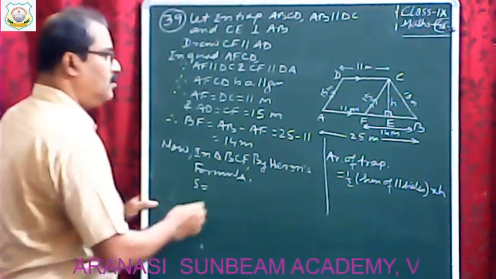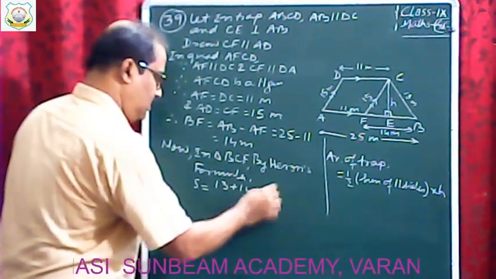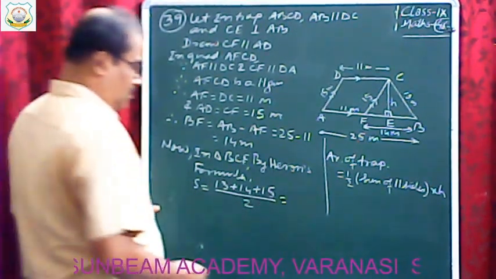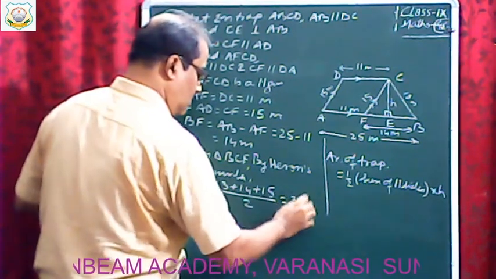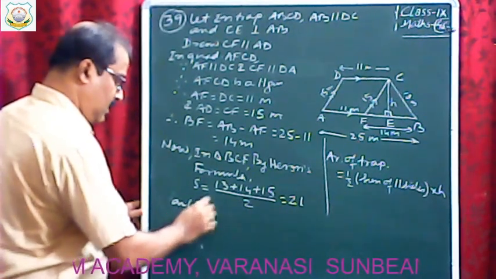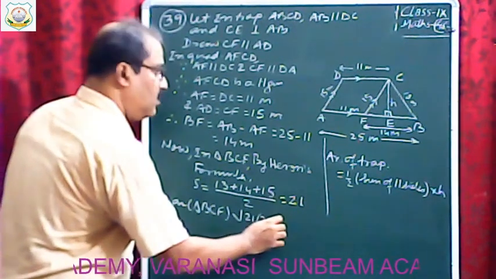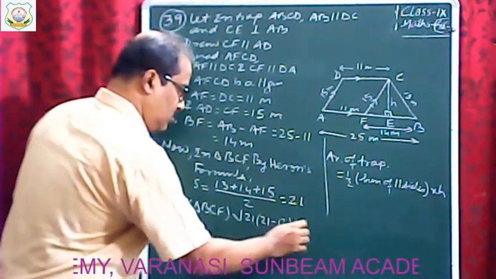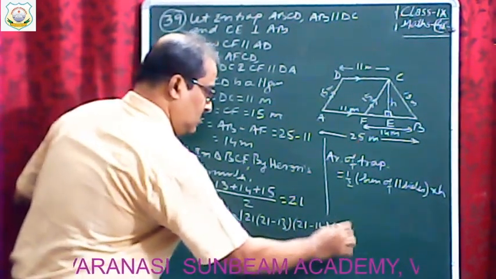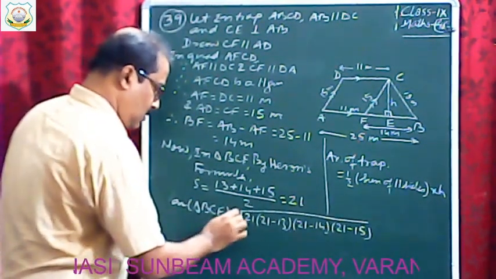S equal to 13 plus 14 plus 15 by 2, 42 by 2, that is 21. So area of triangle BCF is root of 21 into 21 minus 13, 21 minus 14, 21 minus 15.